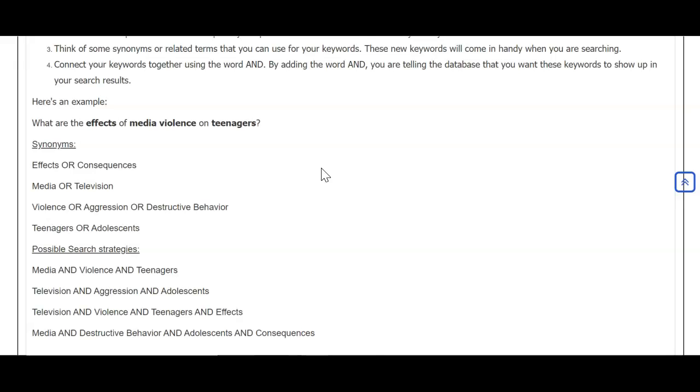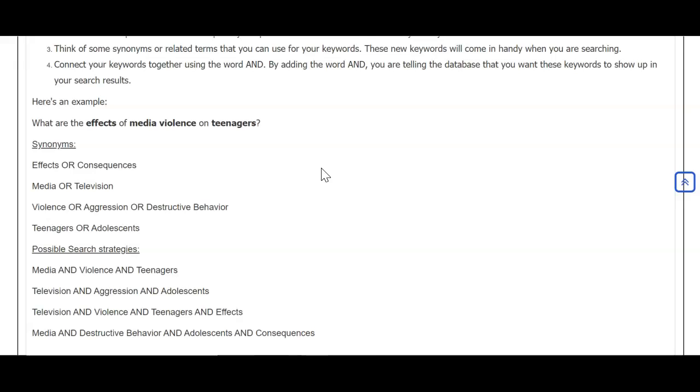So the reason we think of synonyms is so that we can find the widest array of articles for our research. When you go to a database, don't expect to just put in 2 magical keywords and get everything you need. You may need to spend 30 minutes in one database changing your search strategies.